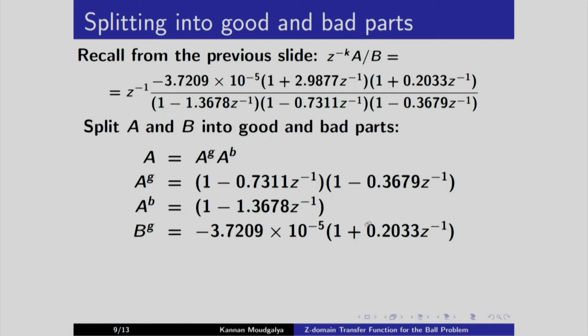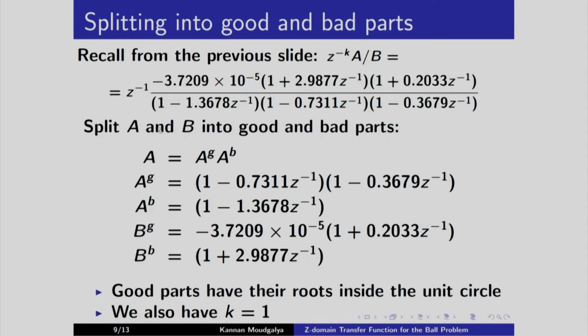This has a 0 at minus 0.2033, which is inside the unit circle, so I call it good portion. I have kept the constant also, the gain also along with this. The rest of it is the bad portion. The 0 of this factor is outside the unit circle. We also have k equals 1. Remember, z power minus k is equal to 1.